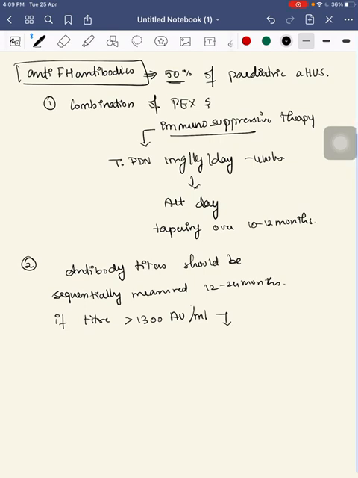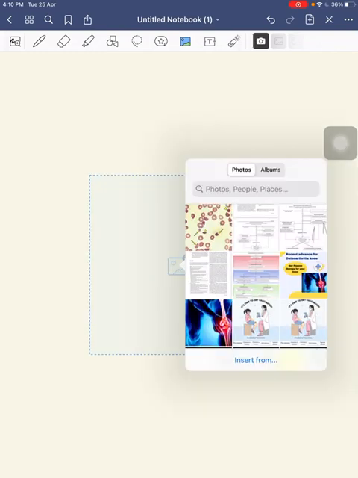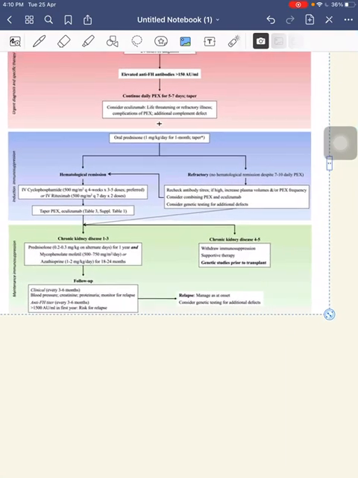If the titer level is more than 1300 AU, arbitrary units per ml, there is a high risk of early relapse. What are the other immunosuppressive therapies, or what is the sequence of therapy? I will show it to you.